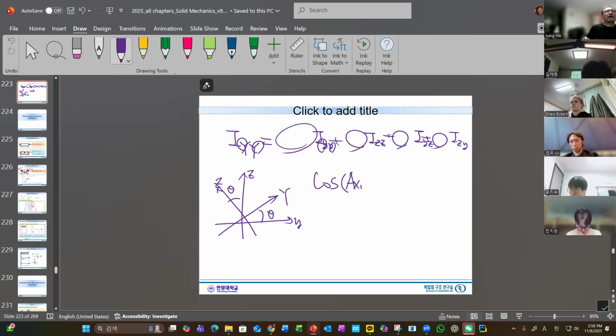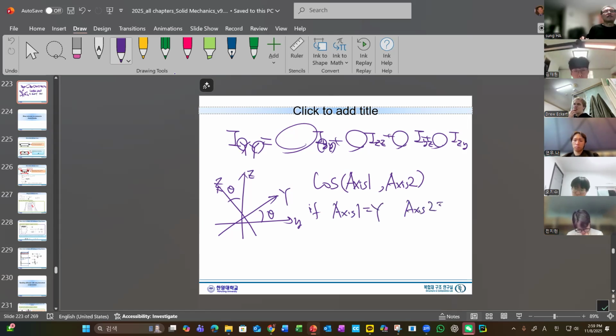Say x is 1 and x is 2. This is the angle cosine, meaning that if x is 1 is a y and x is 2 is a small y, then what will be the angle here?